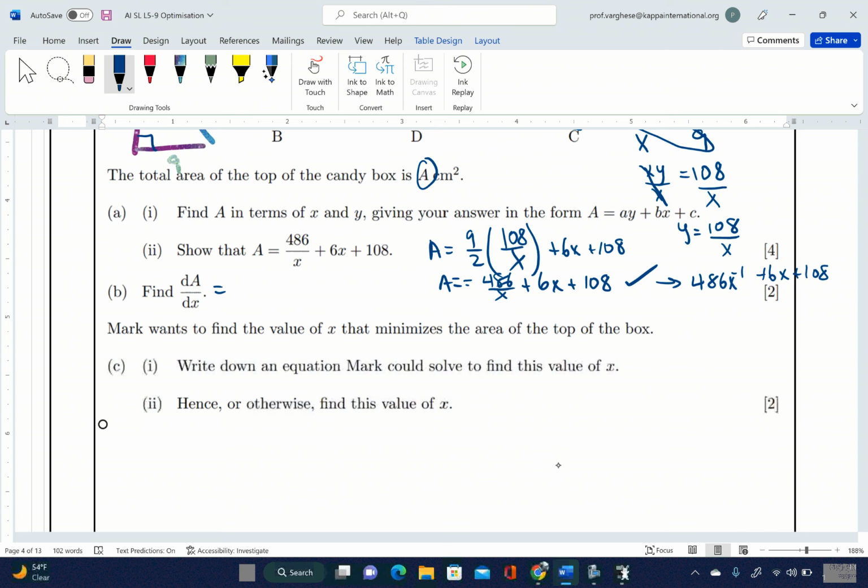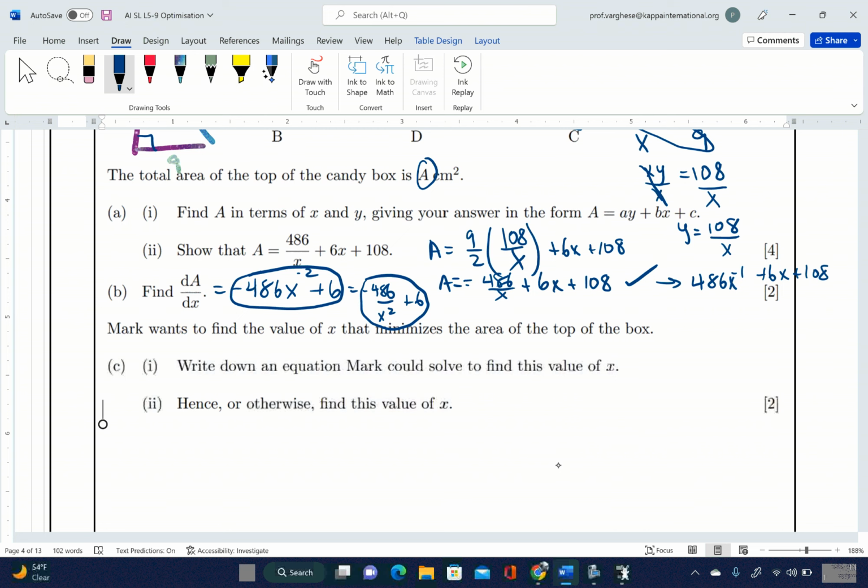Negative 1 times 486 is going to be negative 486 x to the negative 2, because we subtract 1, plus 6, okay, is going to be our answer for the derivative. If you wanted to rewrite that as negative 486 over x squared plus 6, you could do that as well. So either that answer or this answer would work.